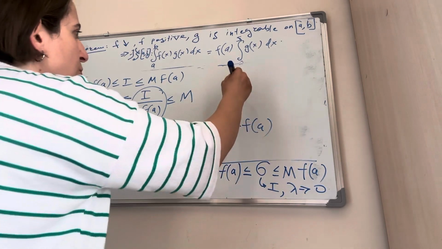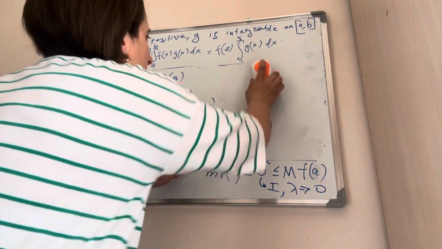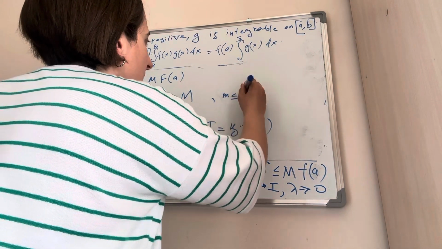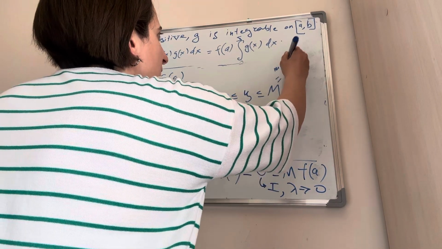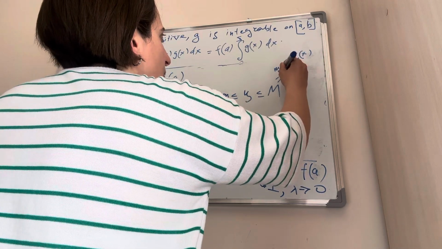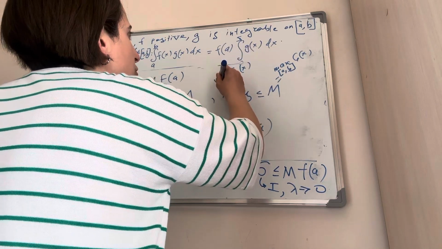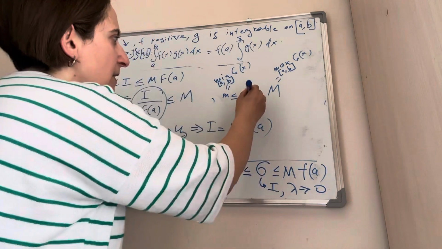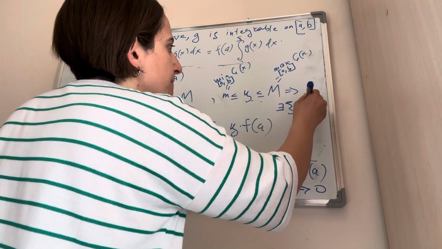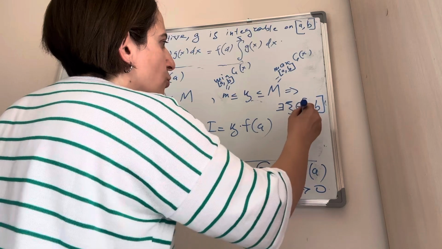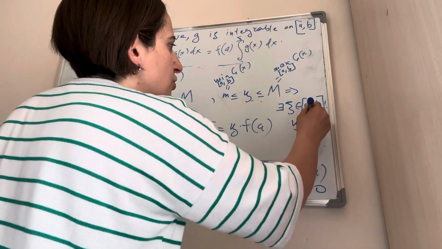And because mu is between m and capital M, where this is m, this is the maximum value of G(x) on [a, b], and this is the minimum value of this continuous function, capital G. Therefore, this means that there exists some xi from [a, b] so that mu is G of xi.